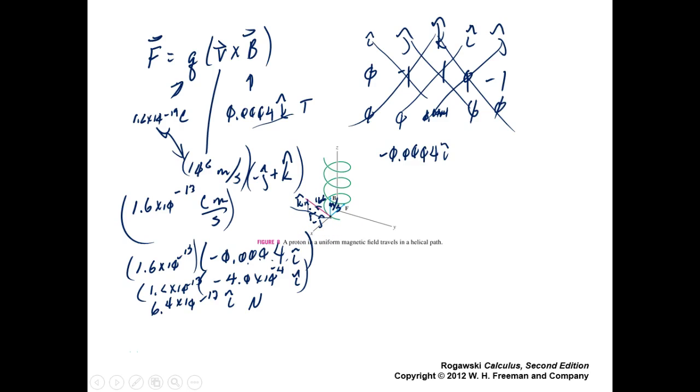The unit vector in that direction would be divided by root 2, because the square root of this square plus that square would be the square root of 2 here. So that's why you divide by root 2.